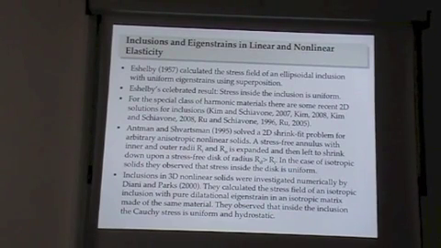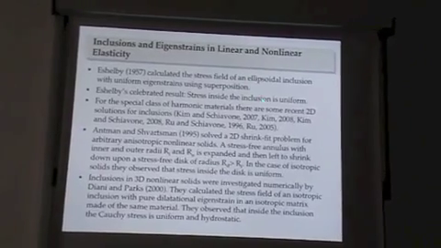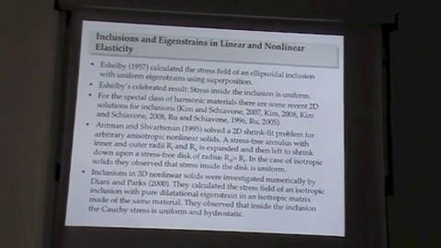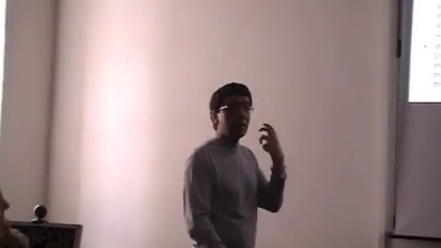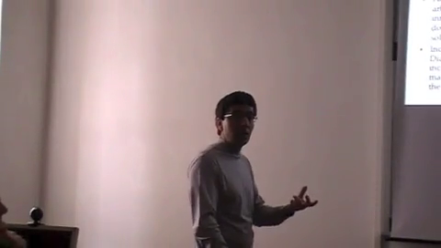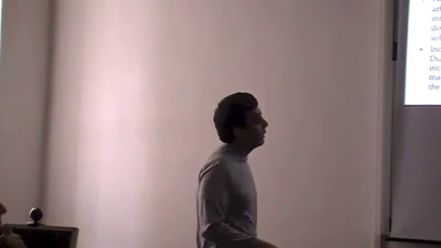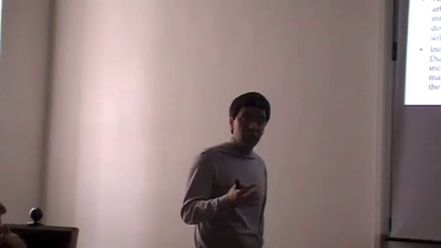So he looked at an ellipsoidal inclusion, in an infinite solid, everything linear, isotropic, elastic, and he assumed that eigenstrain is uniform in the ellipsoid. And then what he proved was that stress inside the inclusion is also uniform. Very surprising result. So now my goal is to extend this to nonlinear elasticity.